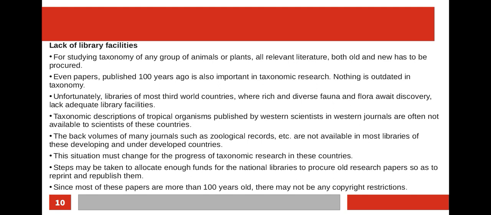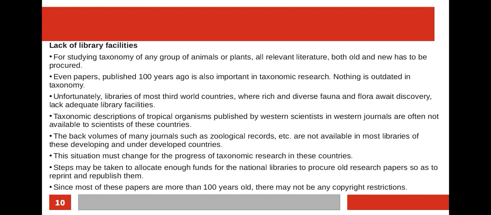The first come, first served rule, or the law of priority. The first one will be the valid name. So old papers are also very important. Nothing is outdated in taxonomy. That's something which is very carefully addressed.